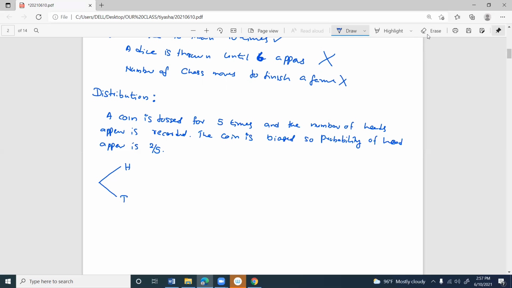The probability of head is 2/5, therefore the probability of tail is 3/5. Then the question is, find the probability that only one head appears.